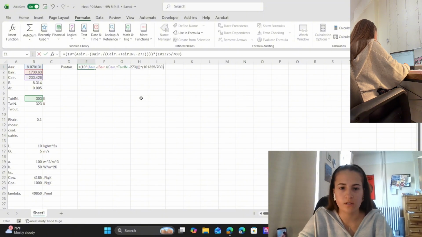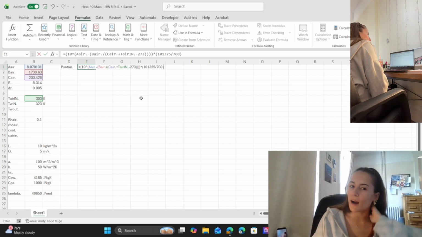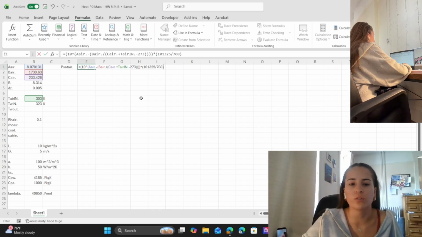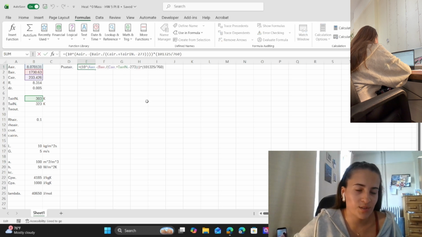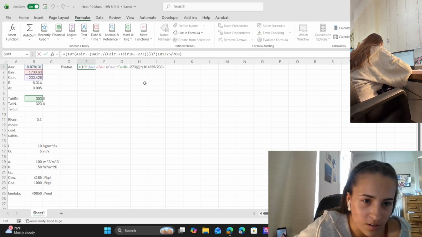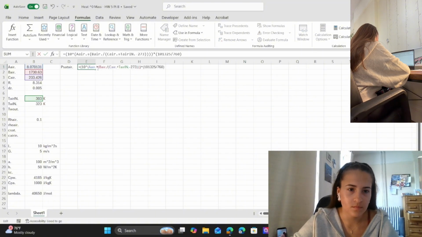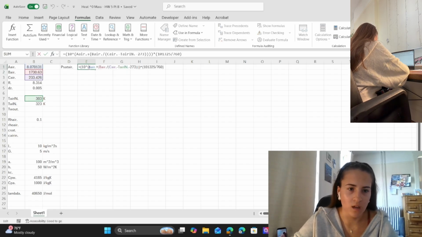And that's just the factor that you have to multiply by in order to change it from millimeters of mercury to pascals. Okay, this does not look right. So I think I put the wrong equation in here. Let me try. Okay, that does not look any better.